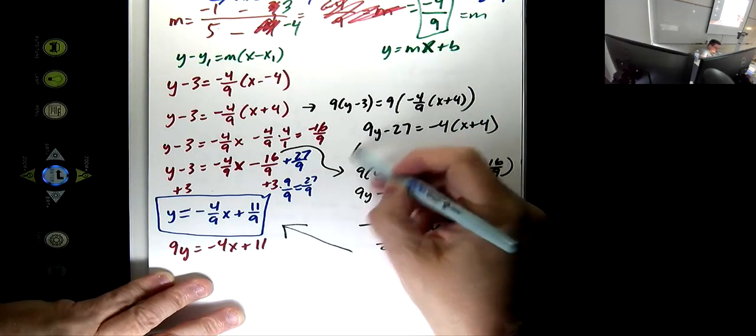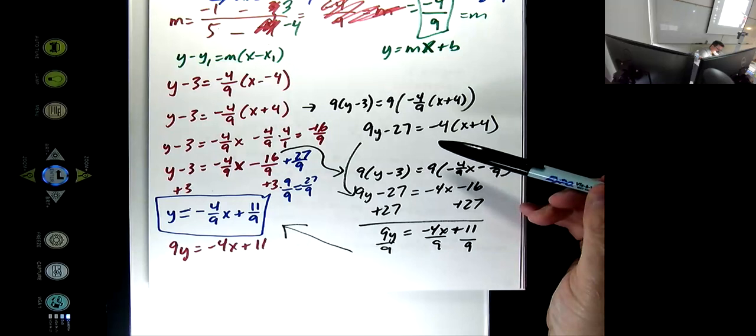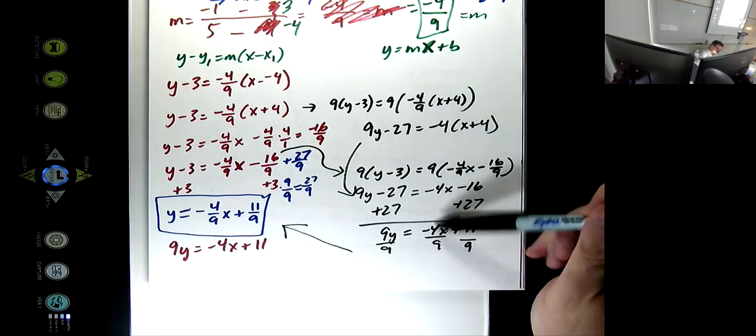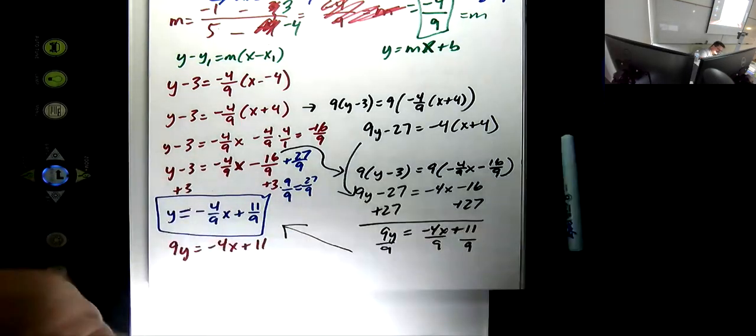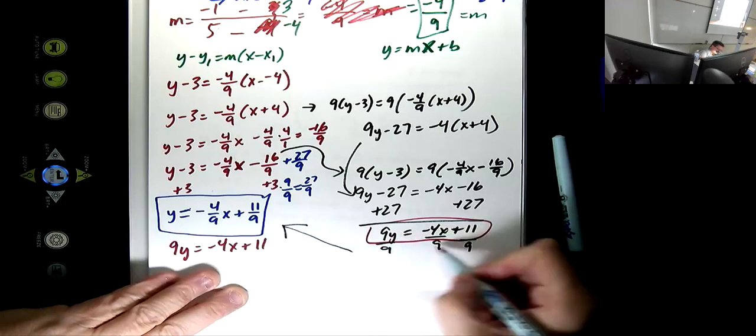You distribute it, and you'll eventually get there. From y equals -4/9 x plus 11/9, you can multiply by 9 and get 9y equals -4x plus 11. Here we had this line, and then we divided everything by 9 to get rid of the 9.